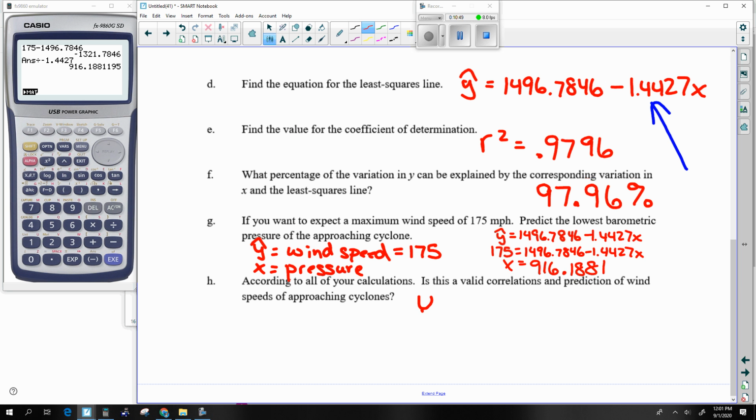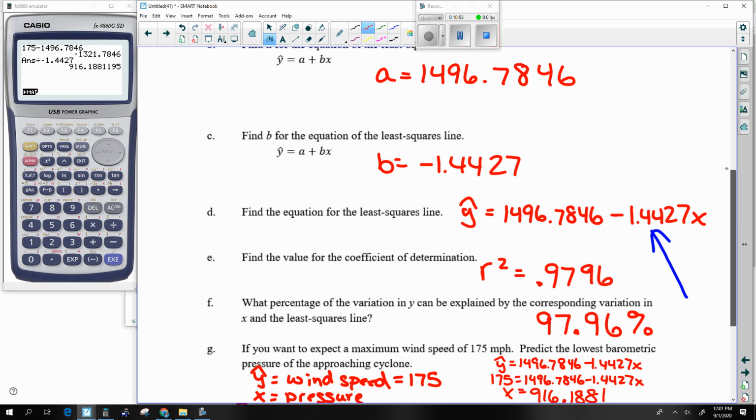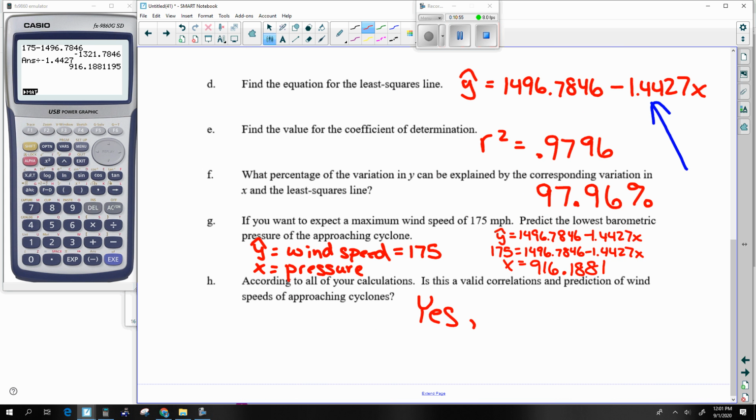Yes, it is, because 0.9897, so R is close to 1. I'll just say that. That's easily understood. Yes, it is a very good prediction because R is close to 1.